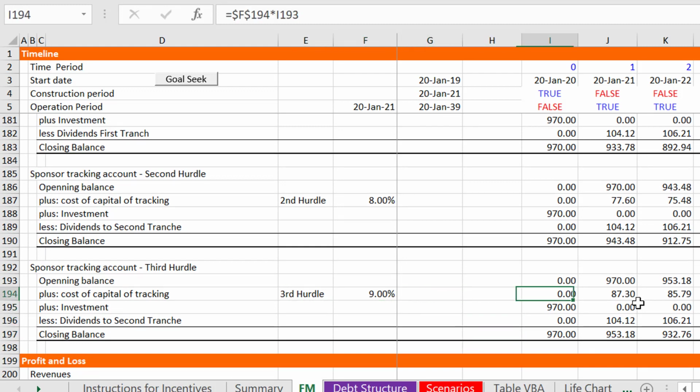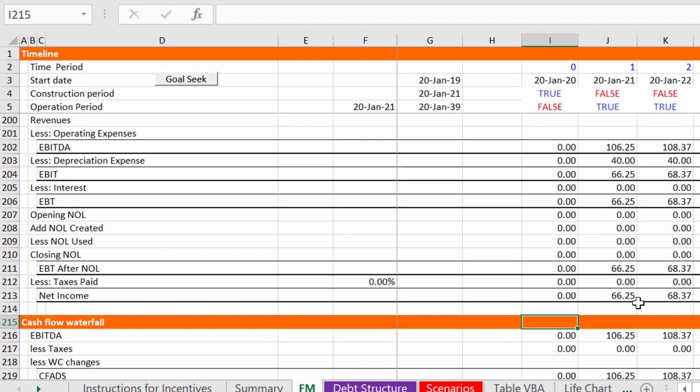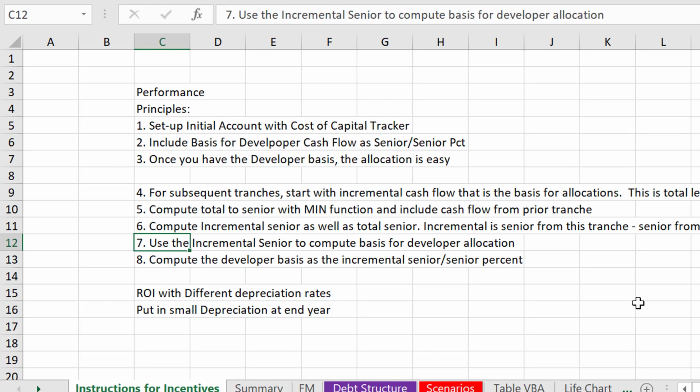When we need a final tracking account, we put the total in here again, and now we keep track of how much we need to accumulate before we hit our 9% hurdle. And this dividends, again, has to be the total dividends, not the incremental dividends. So we just redo this thing.